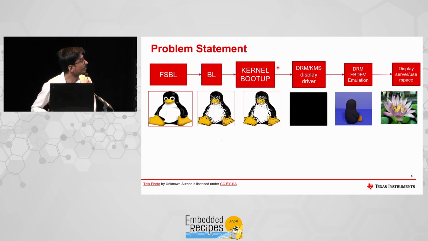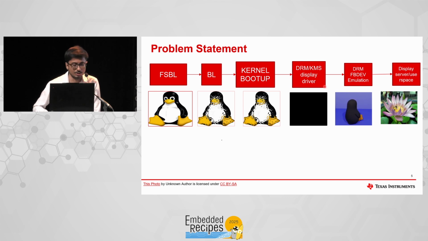So here's the use case. Let's say we set up a boot logo in the first stage bootloader. Then we shift to the next stage, say from the SPL to U-Boot, and the logo gets corrupted. Then at the start of the kernel boot up, it again gets corrupted or the memory gets reset.